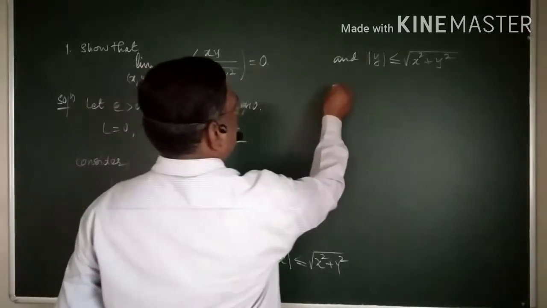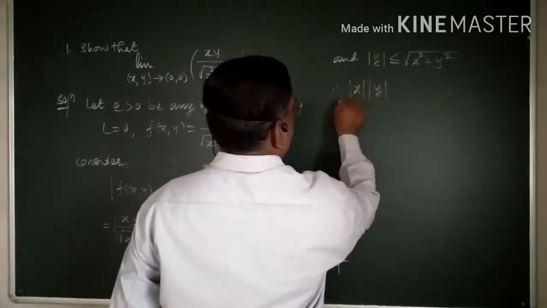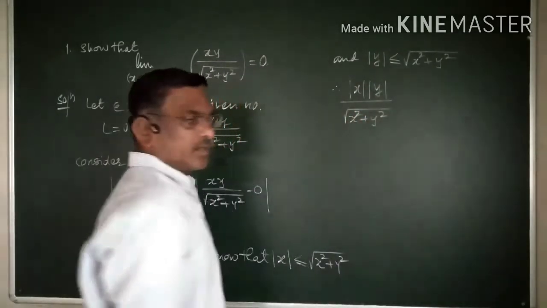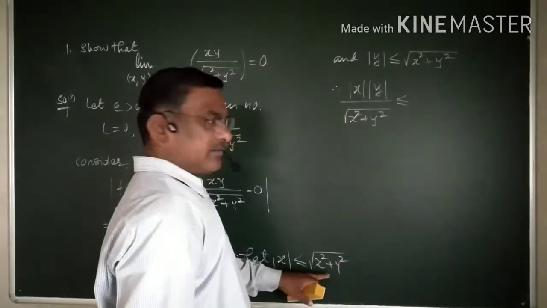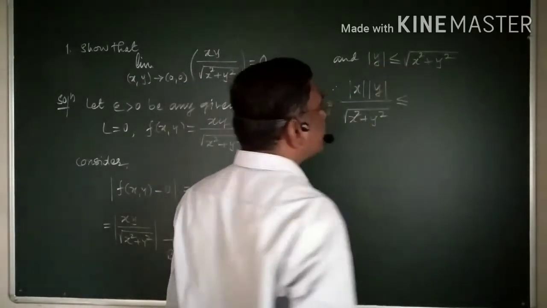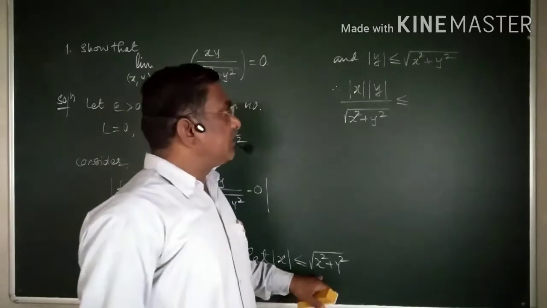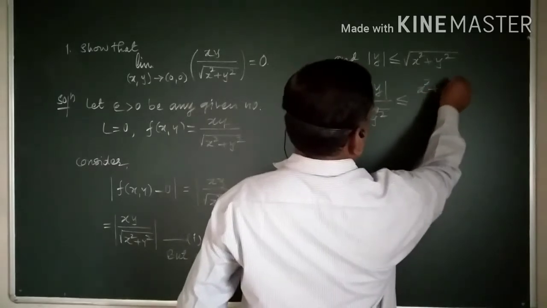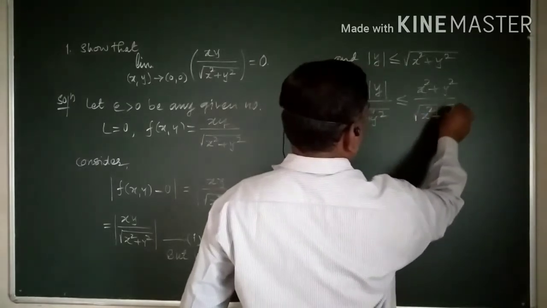Therefore, this will be the absolute value of x into the absolute value of y over root x square plus y square, which is less than or equal to, since the absolute value of x is less than or equal to root x square plus y square, and again the absolute value of y is less than or equal to root x square plus y square, the product of these two, which gives x square plus y square, over root x square plus y square.